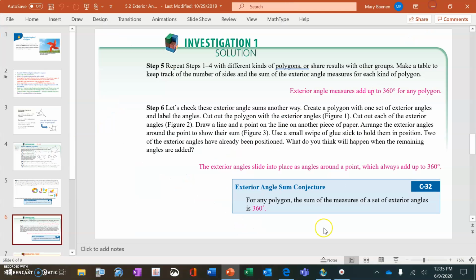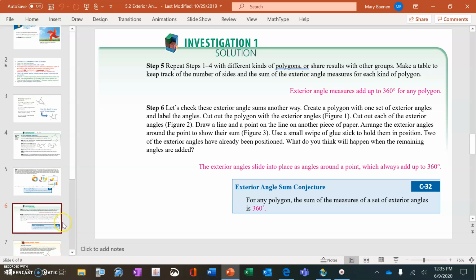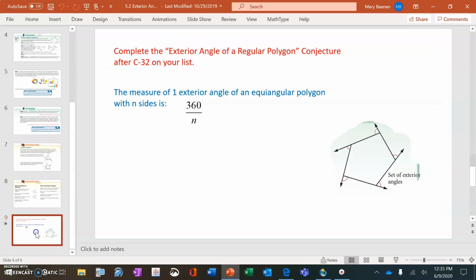So now if I go down here and come to this page of our notes, this is after conjecture number 32 on your list. It's called the exterior angle of a regular polygon. It does not have its own number. The measure of one exterior angle of an equiangular polygon with n sides is always going to be 360 divided by n, which is the number of sides.